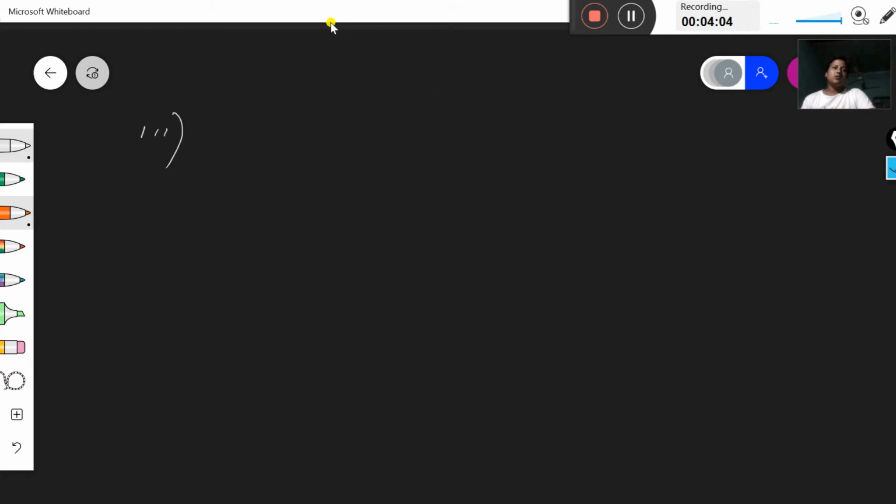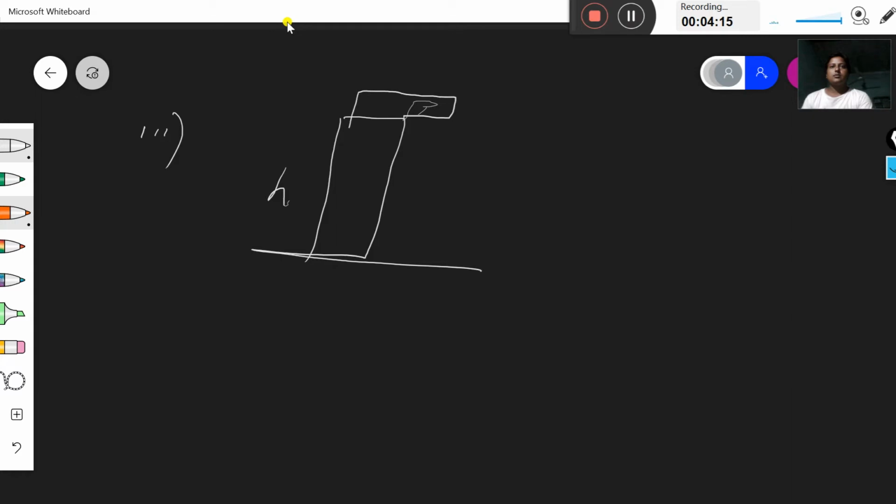Or there is a tower of some height, and we have to project a ball horizontally like this.